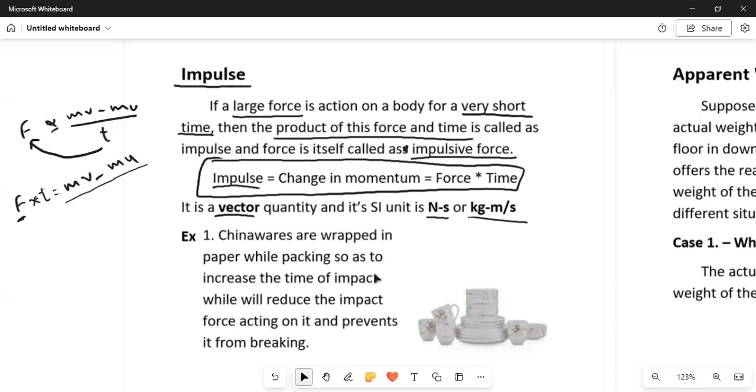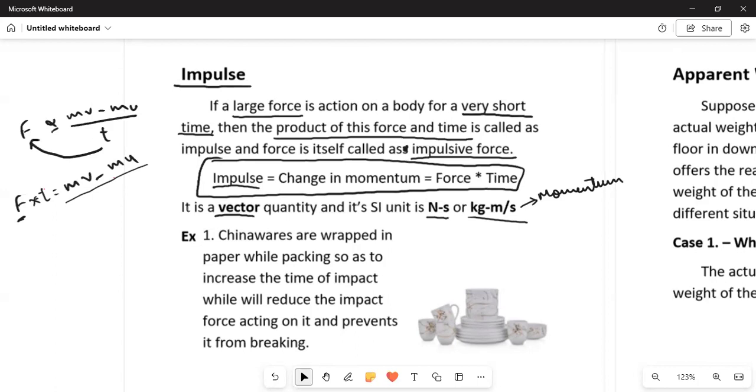And this kg meters per second is also the unit of momentum which we discussed today, right? So impulse is nothing but simply a change in momentum. And this change in momentum is calculated using the formula force into time.